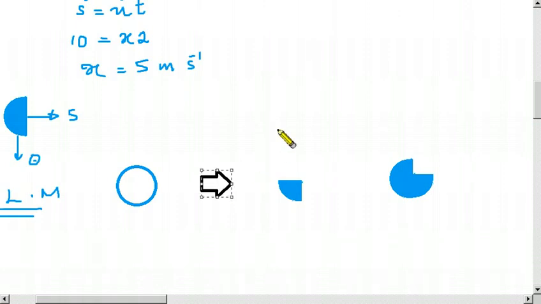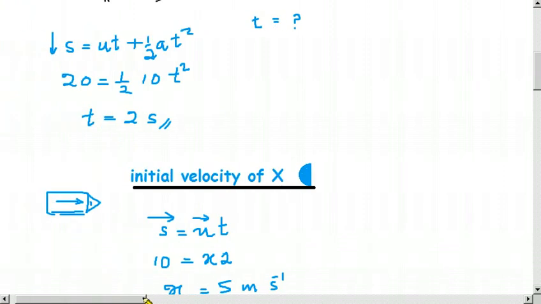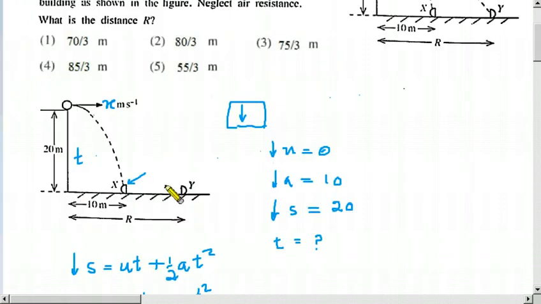Why? The ratio is 1 to 3. So if this one is m, this one is m divided by 4, this one is 3/4 m. So the initial velocity of this one is 10. So this diagram should be corrected like this.